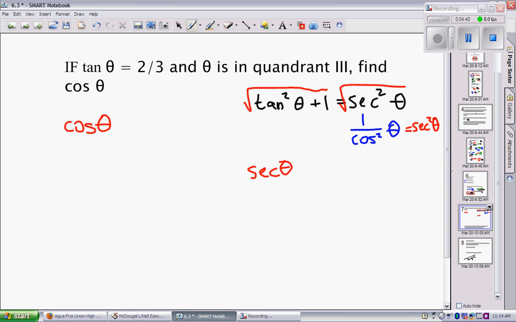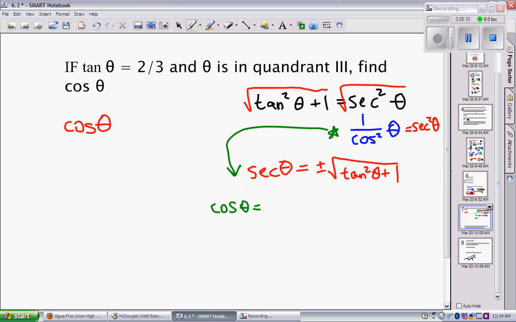So to get secant, instead of secant squared, take the square root of both sides. Secant theta equals plus or minus the square root of tangent squared theta plus 1. But secant theta is 1 over the cosine. I just want cosine, so that means we have to flip around this equation and you get the cosine of theta to be 1 over secant theta.